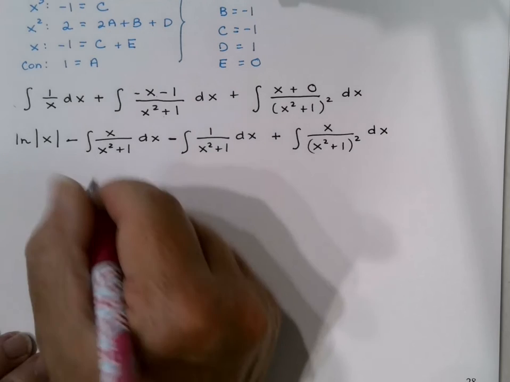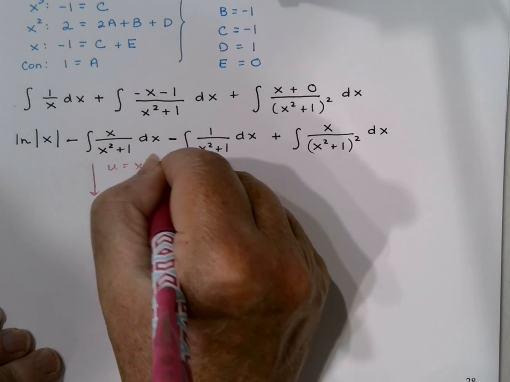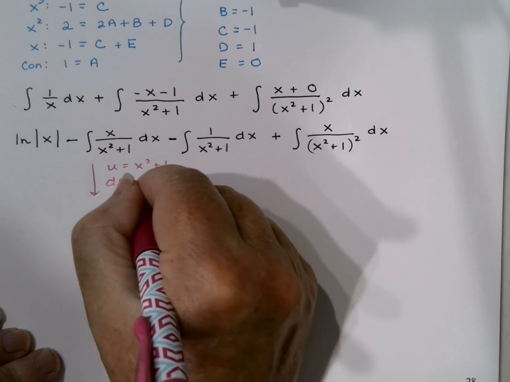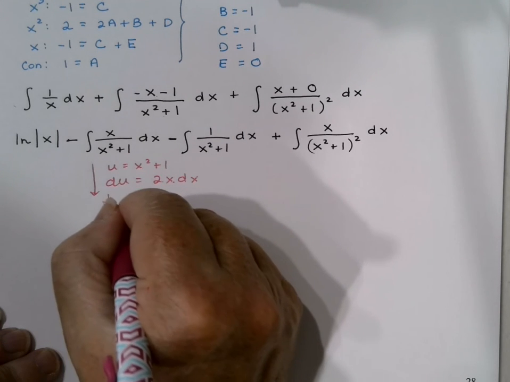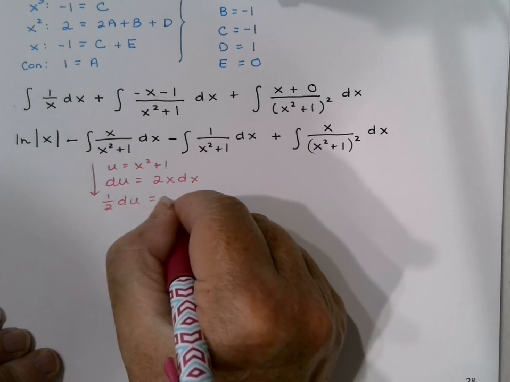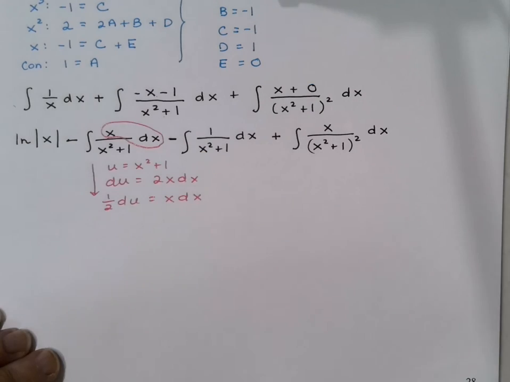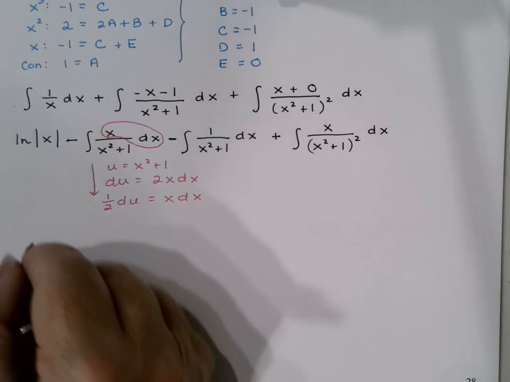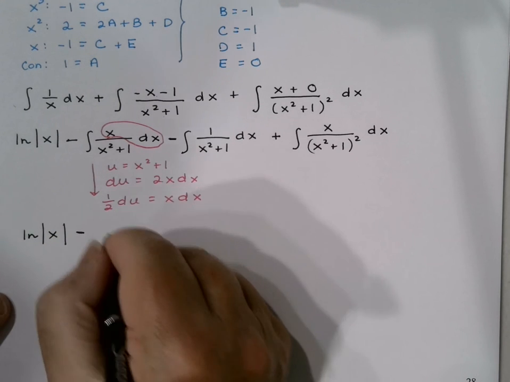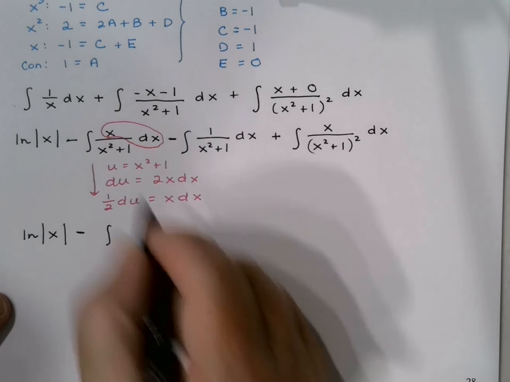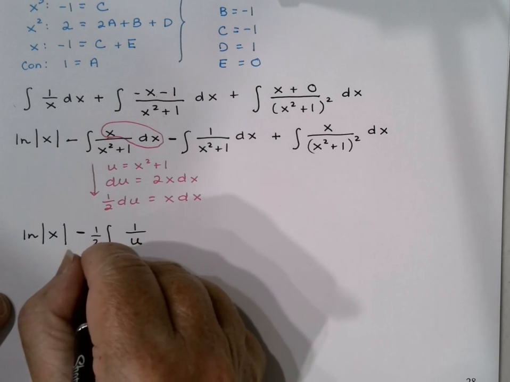Here, if I do a u substitution and let u be the denominator, du is 2x dx, and 1/2 du would be x dx, which I have right here. So I'm going to have the integral of 1 over u, and the x dx gets replaced with a 1/2 du.